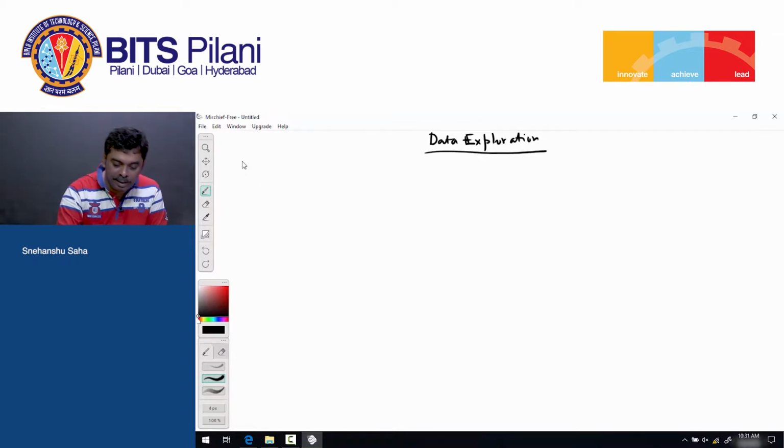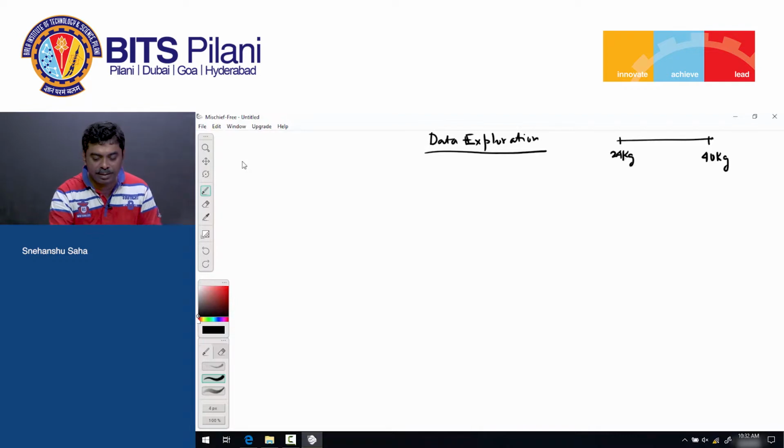Okay, so let's say we have some measurements, and there is this 24 kg, and there is this 40 kg. These are the range of weights. There are a bunch of measurements that we have, and somewhere in between the average value is 32 kg.